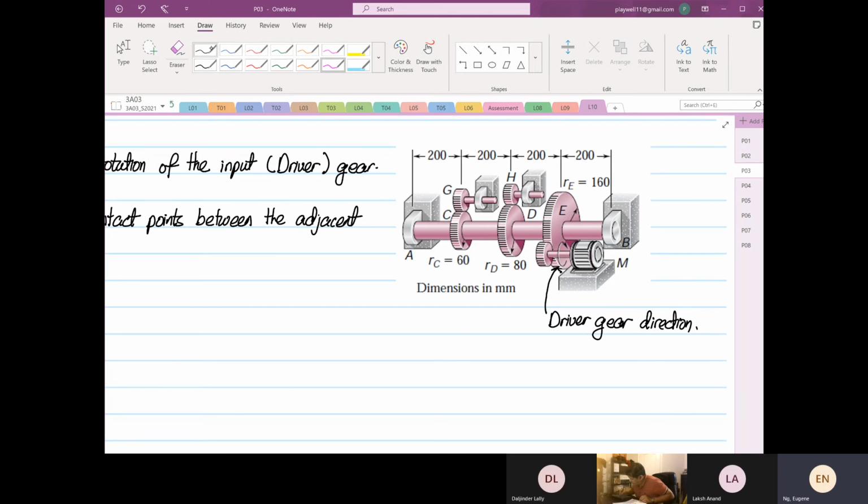So these are the points of interest. This one is at the top, and this is by the side.